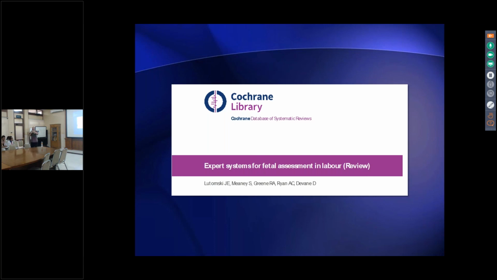I noticed in your case presentation this morning, you used the term fetal distress, and we use the term fetal distress too. But one of the problems I have with the term is that the CTG machine doesn't print out fetal distress. It prints out the heart rate and the contractions, and you, the clinician, interpret that as fetal distress. But when you have an abnormal fetal heart rate pattern, will most babies born with it be acidotic or not? Most babies with an abnormal fetal heart rate pattern will not be acidotic.